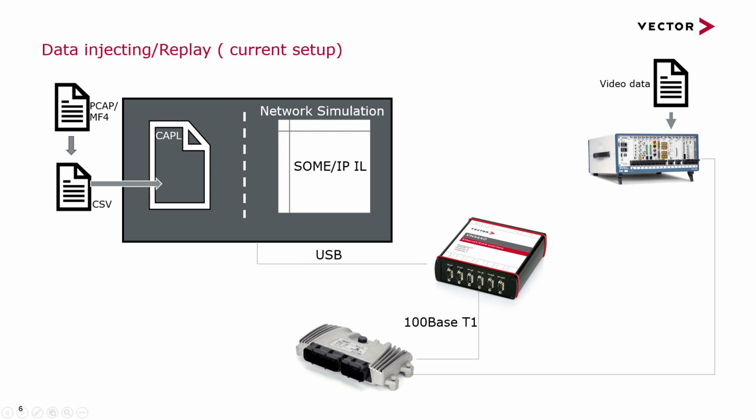Those signals would then be copied into the CAPL, into a float array. And then the last thing left was providing a trigger as to when this data should be copied over to the signals for the transmission.